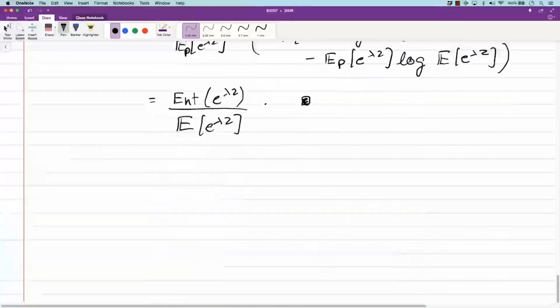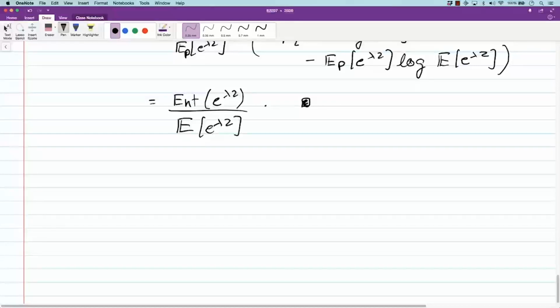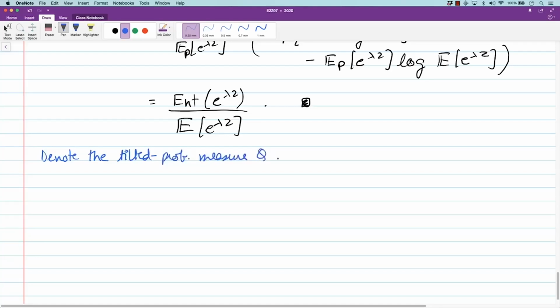So very nice. So this Herbst condition that we have seen earlier can be re-expressed in terms of divergence then. Denote the tilted probability measure Q defined above, so it's P and we tilt P by this. This is a well-defined thing.